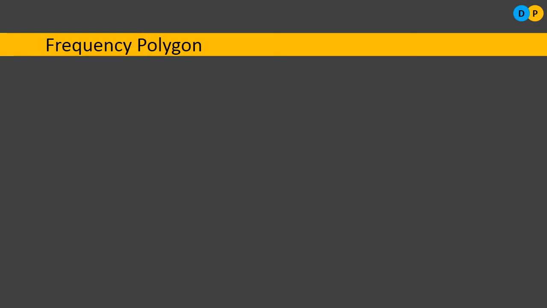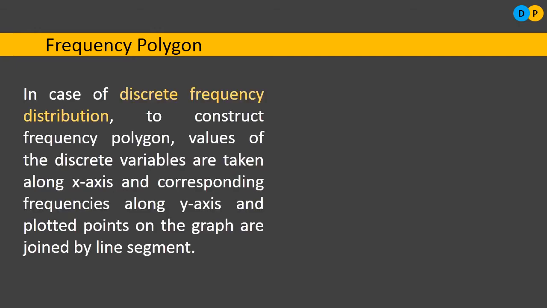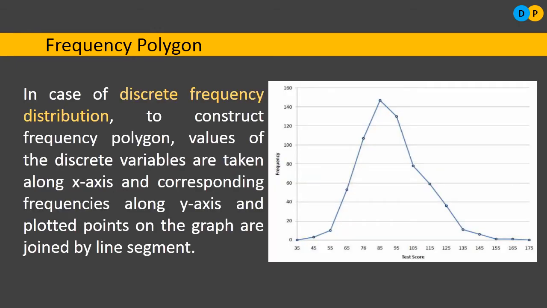Next, as I said earlier, a frequency polygon can be plotted for both continuous as well as discrete frequency distribution. So let us take the case of discrete frequency distribution. How do we plot it? Please notice here. This is the graph representing a frequency polygon for a discrete frequency distribution. What do we mean by discrete frequency? Here we have a variable taking a single value.